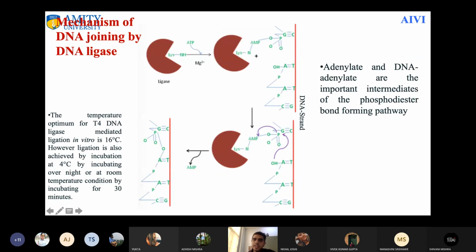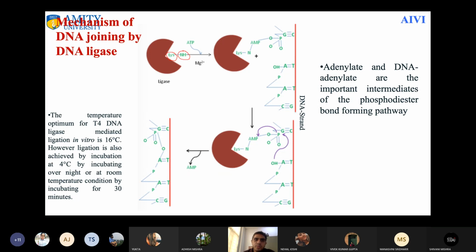So here, diagrammatically, we can see how this is going to occur. In the first step, your enzyme ligase is going to be there. At the active site, it is going to have one lysine, and the lysine is going to have an extra amine group.